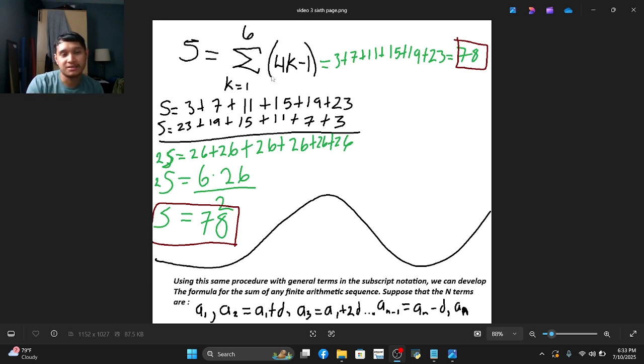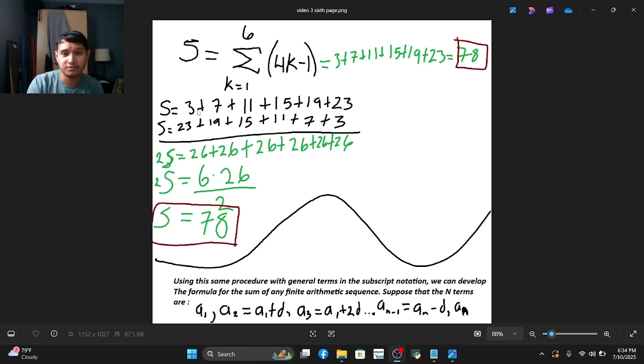And as I did here, 4 times 1, 4 minus 1, 3. The second term, 4 times 2, 8 minus 1, 7. I'll just keep doing that, like we did in the previous video. And at the end we just added everything and have 78. But what if we do the same thing as Gauss did, right?